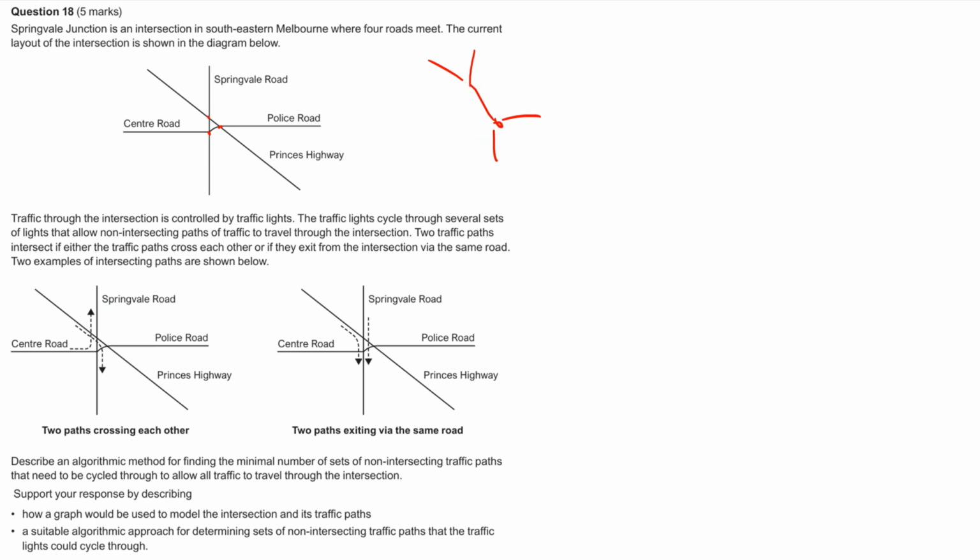What we needed to do was consider this as a conflict problem. And as soon as you think about conflicts, hopefully you are thinking graph coloring. So for example, imagine I'm going from Police Road to the Prince's Highway South. So we'll call that Prince's Highway South, Prince's Highway North, and Springvale Road South, Springvale Road North. So if I'm turning around this way, well, that's okay.